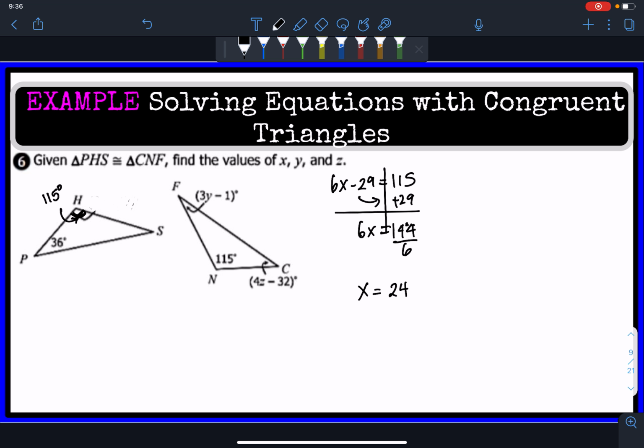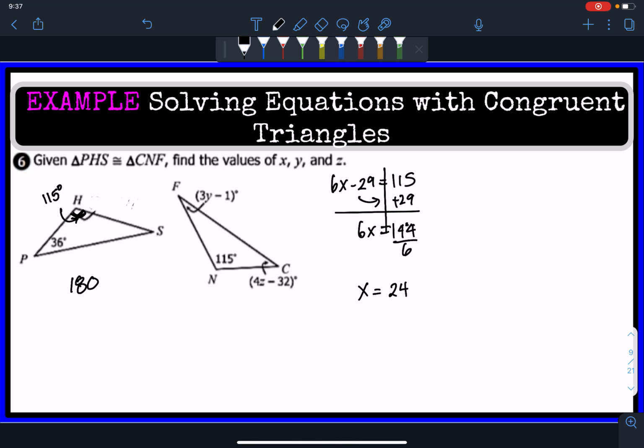So if this is 36 and this is 115, I can figure out the measurement of this angle by using the triangle sum theorem, that the three angles have to add up to 180 degrees. So I get 180 degrees, take away the 36, and take away the 115, I can figure out what this missing angle is.